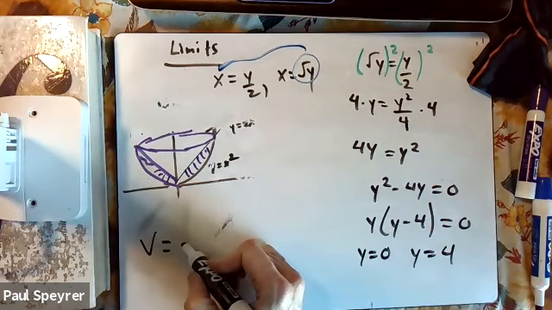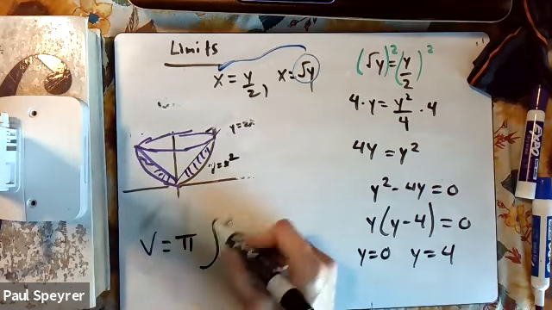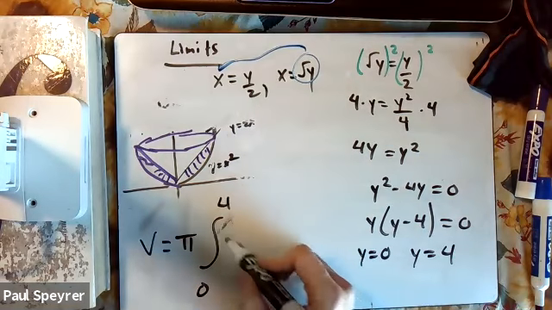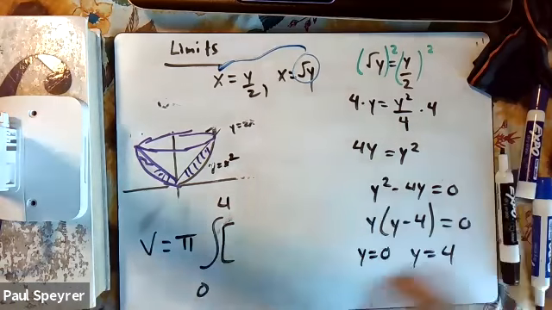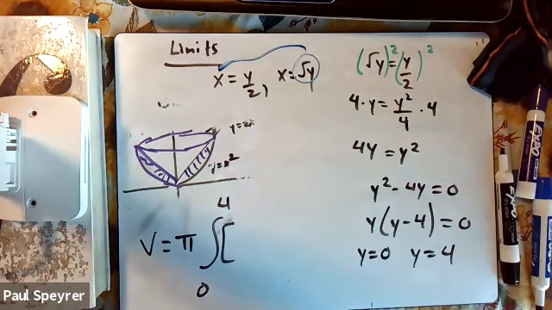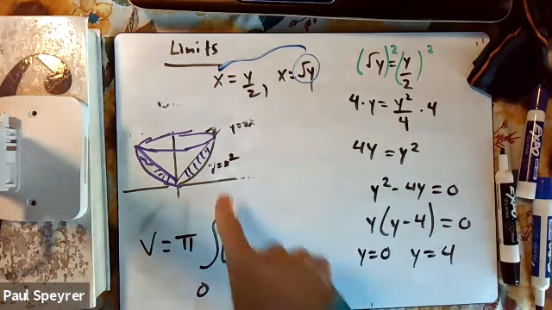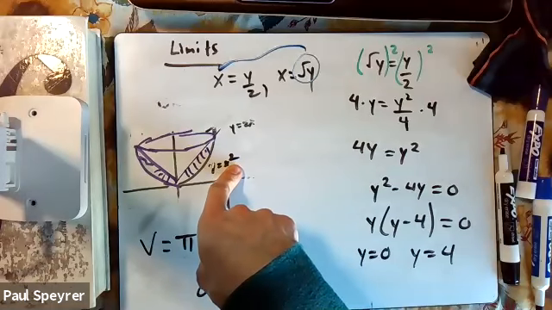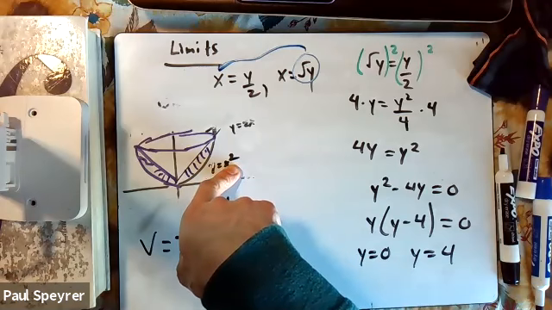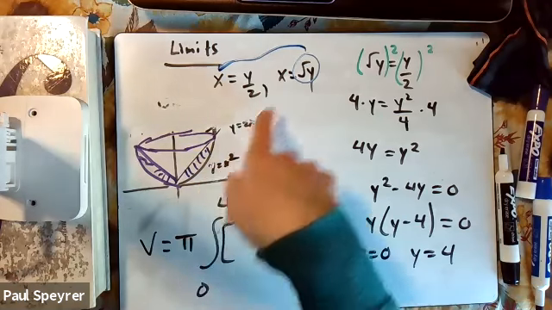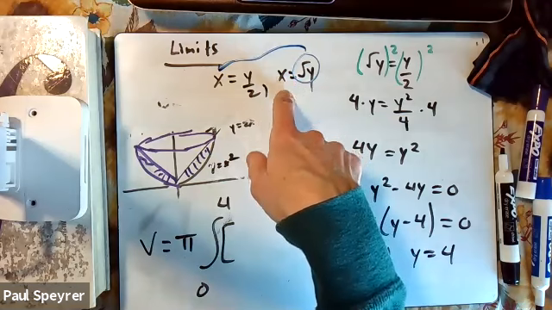So far we have the volume is pi and the integral from 0 to 4. And what's the rightmost curve in this case right here? Well, it was y equals x squared, correct? But because we're doing everything in terms of y, it has to be the equation x equals square root of y. Where did that come from?